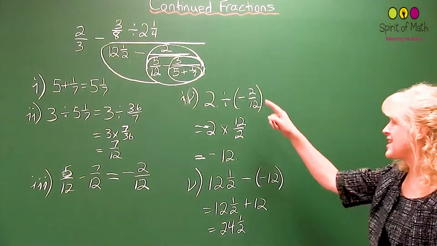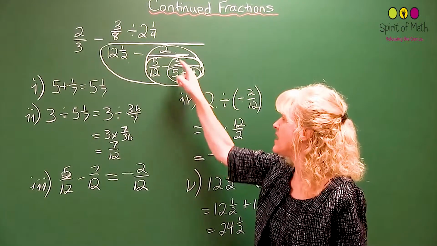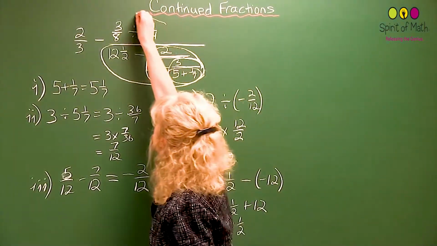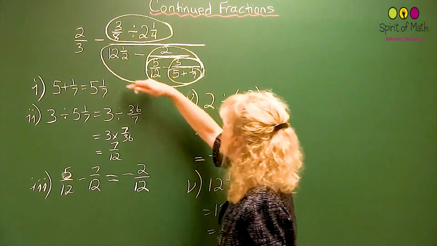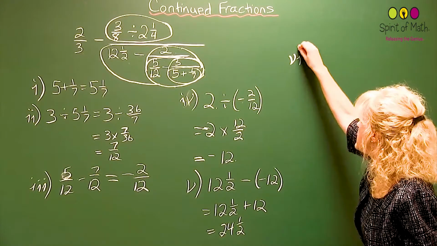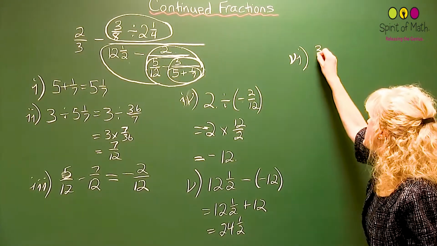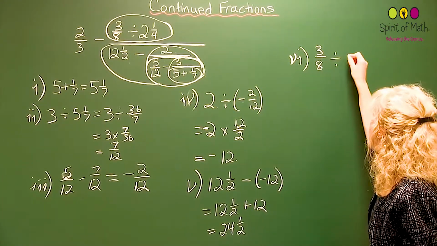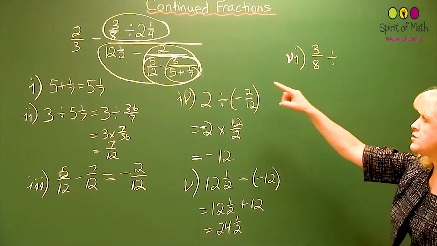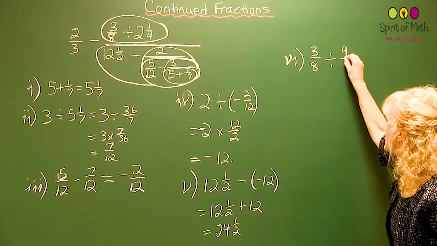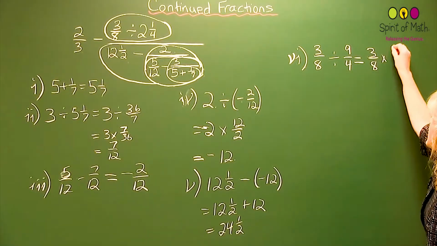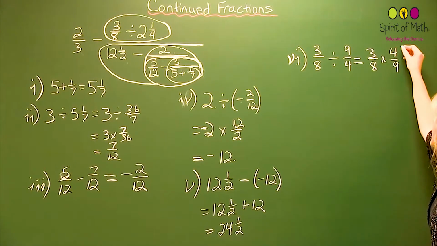All right, so you've got 24 1/2. And that's your denominator down here. Now you need to figure out what your numerator is. So let's just circle this by itself, because it's not including everything else. And I'm still going to call that step 6. And step 6 is 3/8 divided by, and I'm going to immediately write it as an improper fraction. 2 times 4 is 8, plus 1 is 9, which equals 3/8 times 4/9.